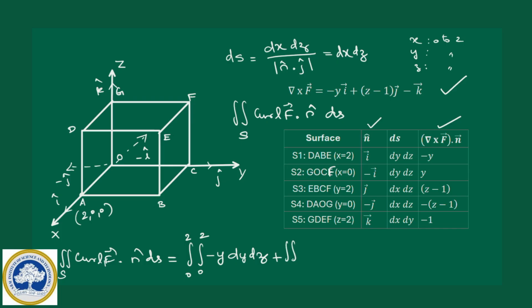Plus what about surface S2? Again 0 to 2, 0 to 2, plus y dy dz, plus the double integral 0 to 2, 0 to 2 of z minus 1 into dx dz. Like this we have to proceed.